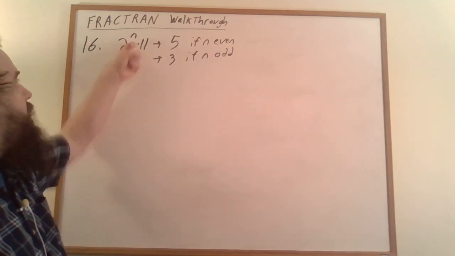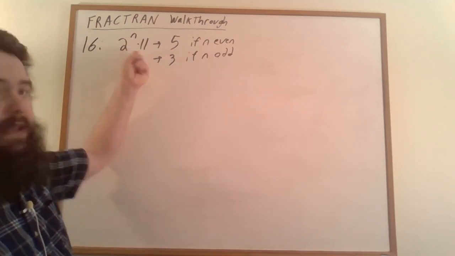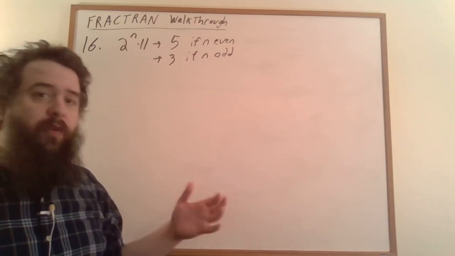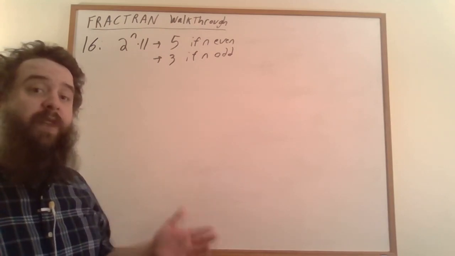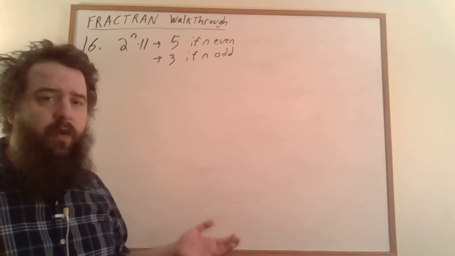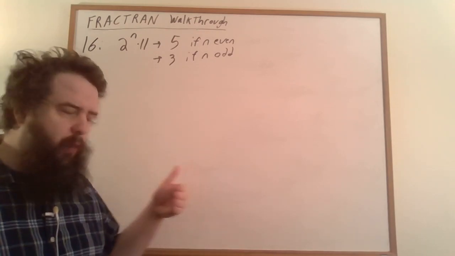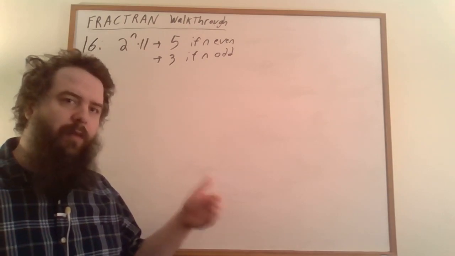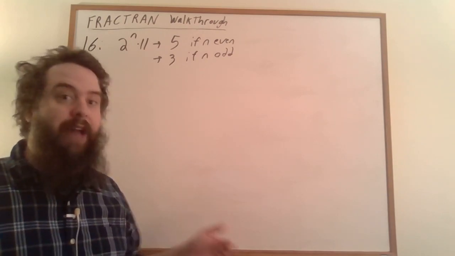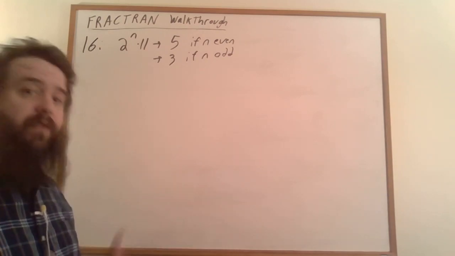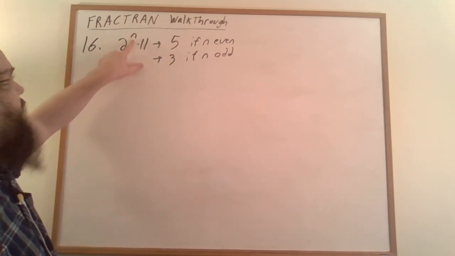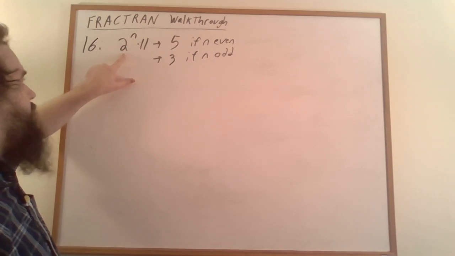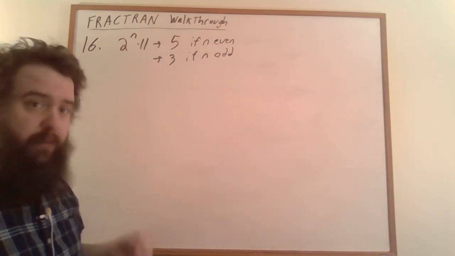Even if n is equal to 0, the input here is going to be 11, and so we don't have to worry about accidentally running into 1. This is very convenient because we want to have control primes anyway to keep track of what line of our program we are currently at. And the solution to this level is very similar to the solution to level 12. We want to get rid of counters in the 2 register in pairs.